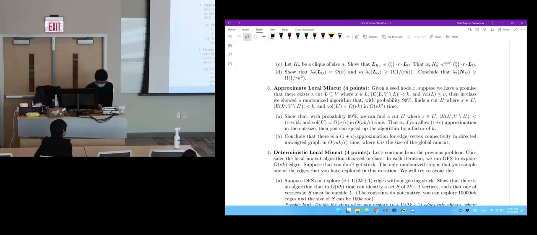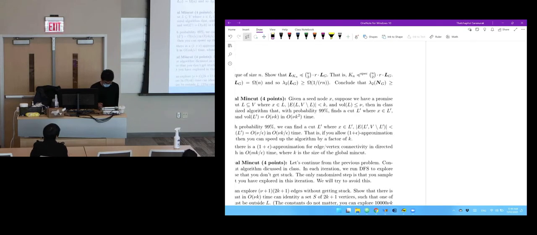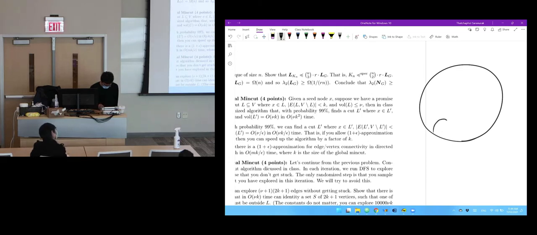So, 3A. Well, we are in the situation where you have a seed X, and call this thing L. The volume of L is nu, and there are k edges going out here.